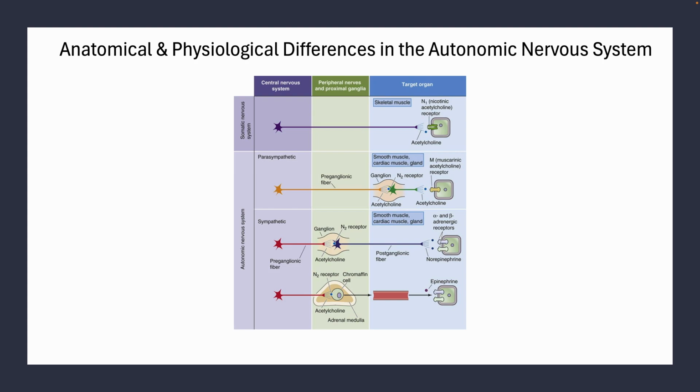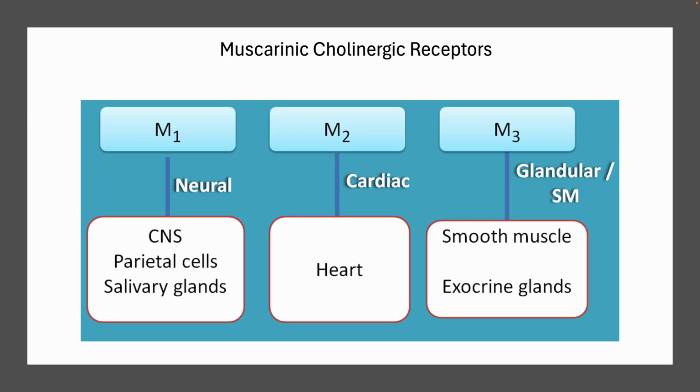Nicotinic acetylcholine receptors in the neuromuscular junction and in the autonomic ganglia are different, and they can be stimulated with different drugs. The second type is the muscarinic acetylcholine receptor, which is classified as a G-protein coupled receptor and acts through an intracellular second messenger system.